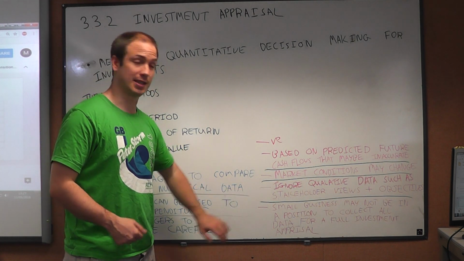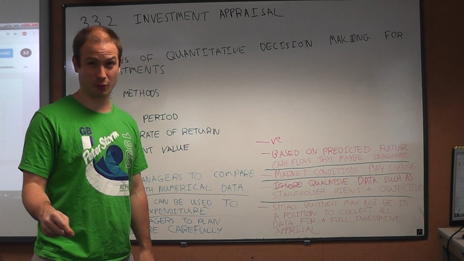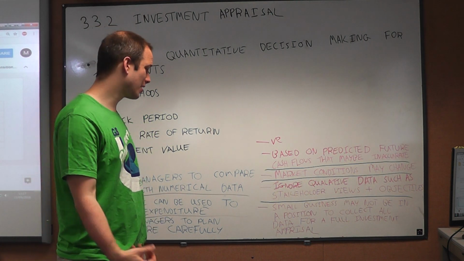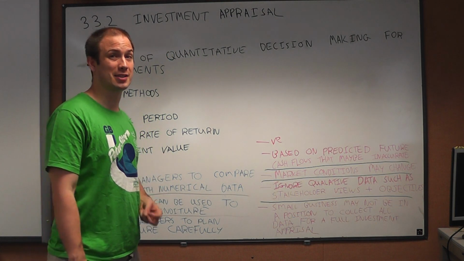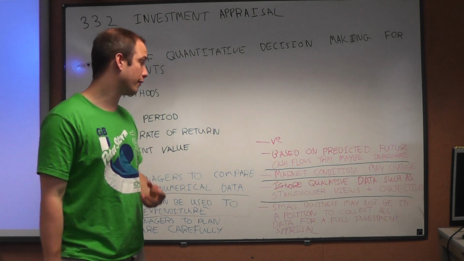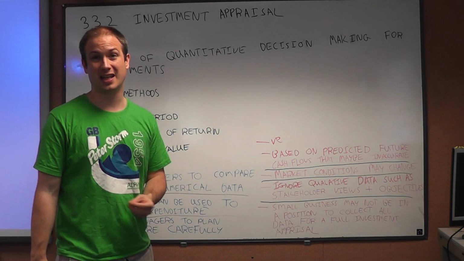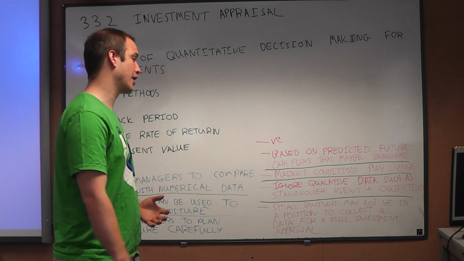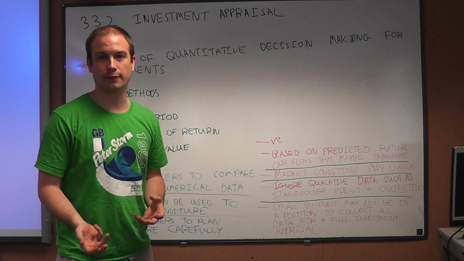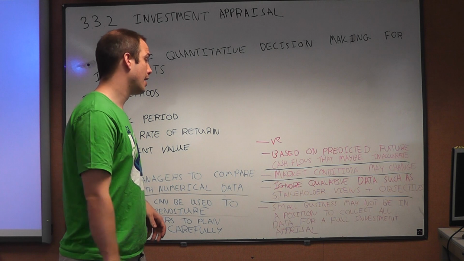A smaller business may not have the resources in order to consider that. So it's possible that some of the factors of the investment appraisal might not be affordable or available to all businesses. So that's something to consider perhaps with your evaluation. Is it something that this business can afford, as good as an investment appraisal might be?